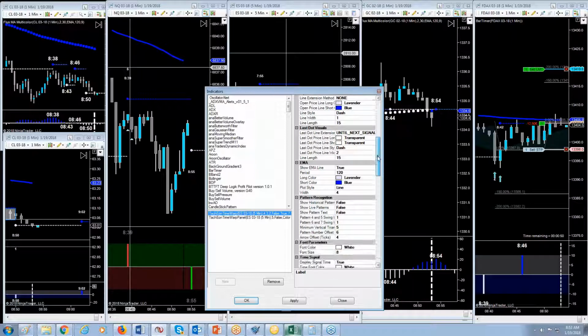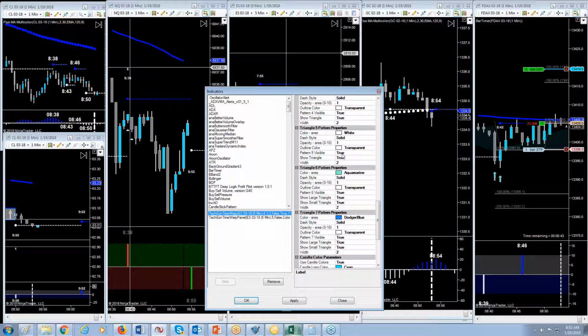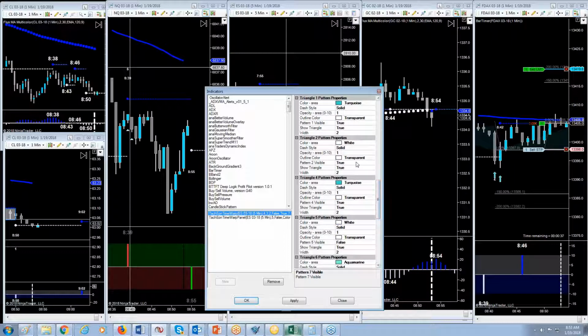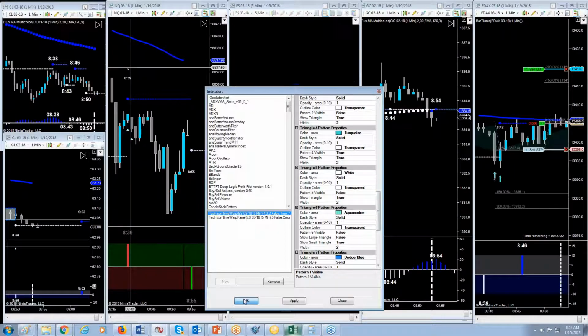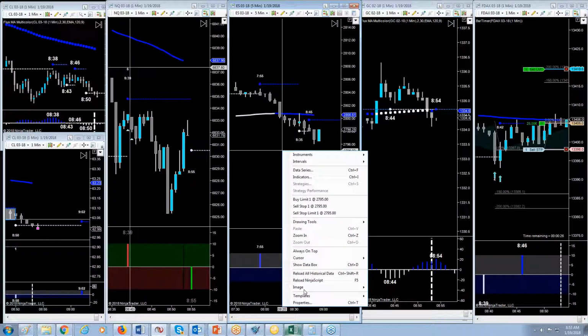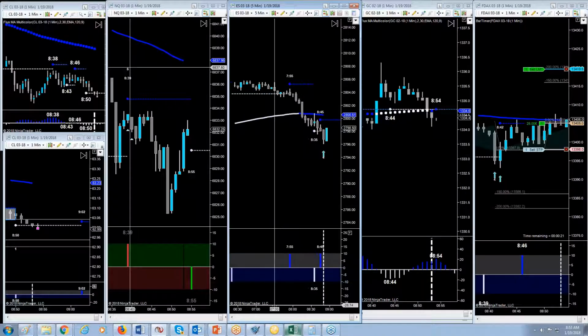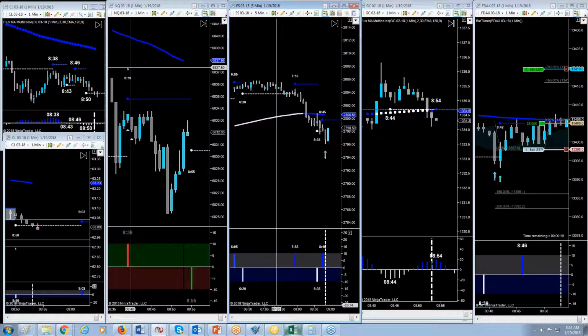So you'll see here, I've got all my patterns turned off, and I'm still having issues. Got the programmer looking at it, but not quite sure why it's doing that.